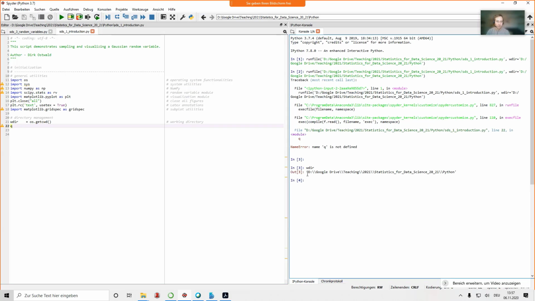So that's my working directory right now, and then I decide on a figure directory for which I join the absolute path, and then this is long, sorry, join the working directory, split this, and go up one level above it, and then use my figures folder which I've previously created.